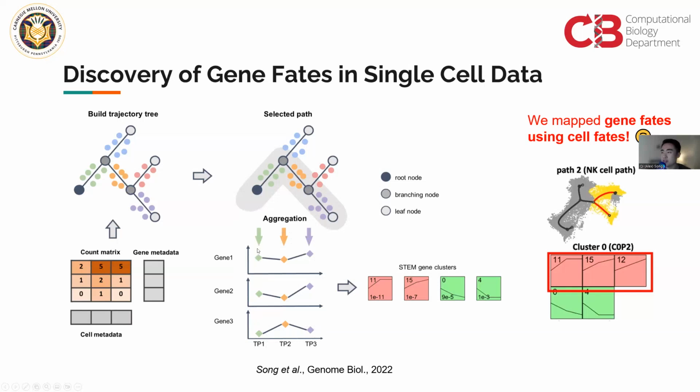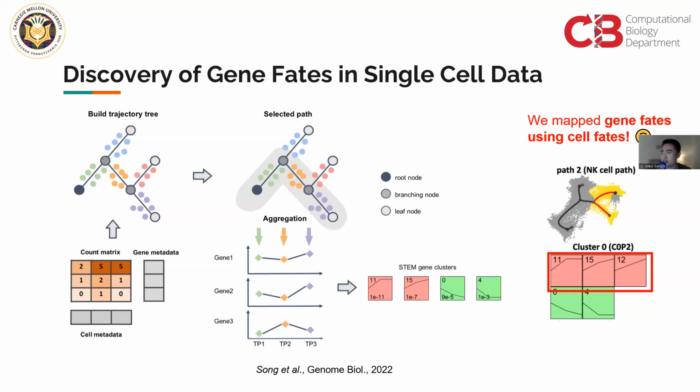Based on this information, we can further perform gene clustering using an algorithm called STEM. This has been applied to bulk RNA-seq data in the past 10 years and has been really successful for time series analysis.